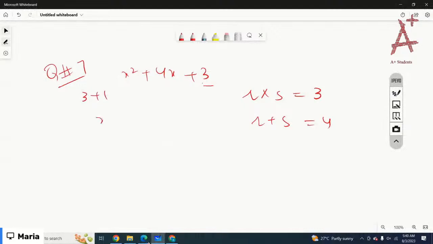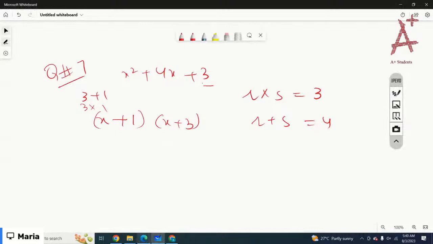And all the numbers are positive, also 3 times 1 is 3. Because all the numbers are positive, r and s are positive, right? So it would be x plus 1 and x plus 3, right?